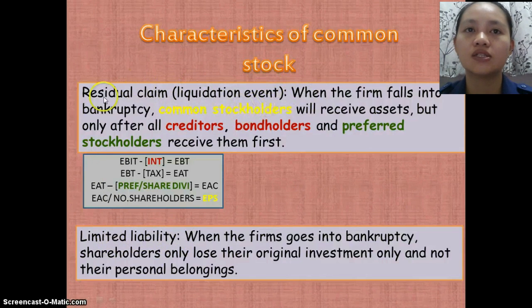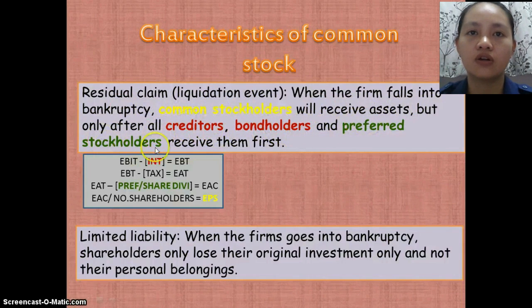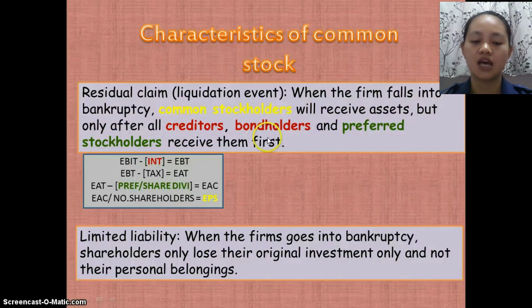Okay, the first one is residual claim. When the firm falls into bankruptcy, common stockholders will receive assets, but only after all creditors, bondholders, and preferred stockholders receive theirs first.